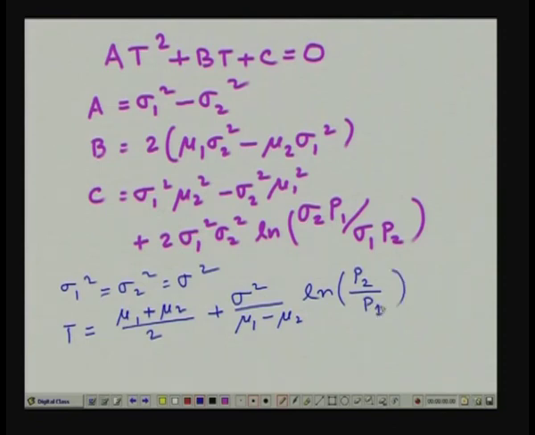So, this is a simple expression for the value of threshold that we can obtain in this optimal thresholding operation. And this is optimal in the sense that this value of the threshold gives you minimum average error.